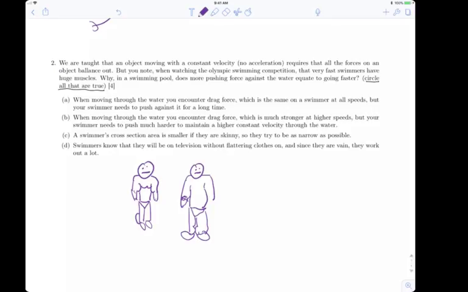When moving through the water, you encounter the drag force. That's true. Which is the same on a swimmer at all speeds. That's not a true statement, because the drag force is rho, there's a 4, there's an a, v squared, right? It depends on the speed, quite dramatically. So this statement is not true.